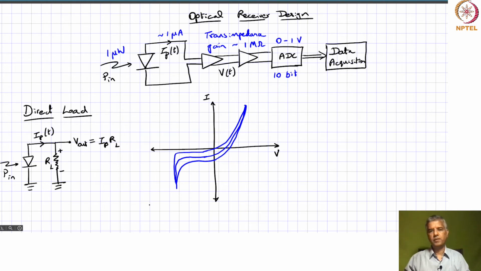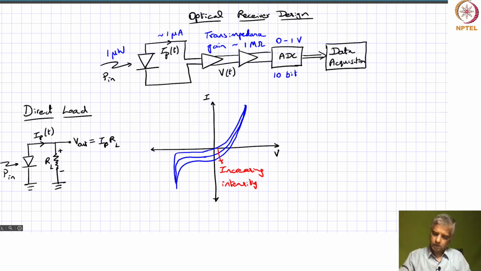So you'll have a corresponding increase like this, and this is as a function of increasing intensity, or the power that's incident on the photodiode.